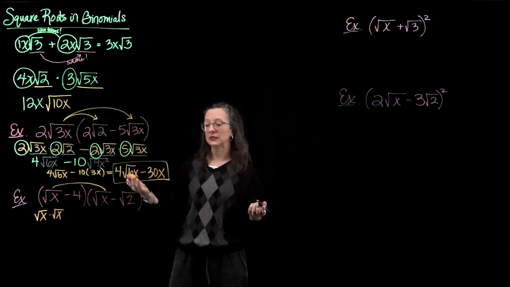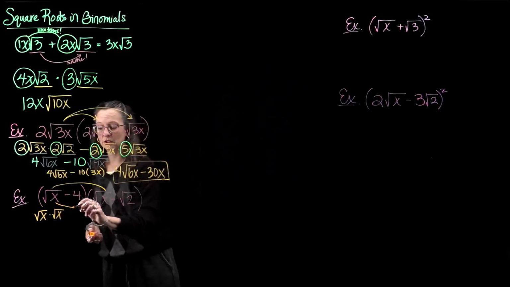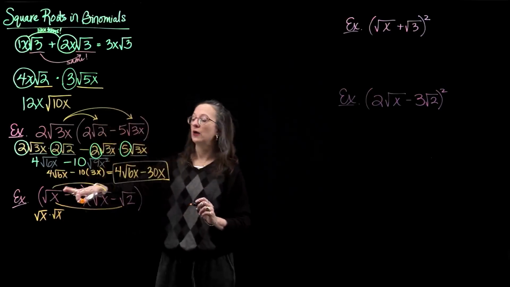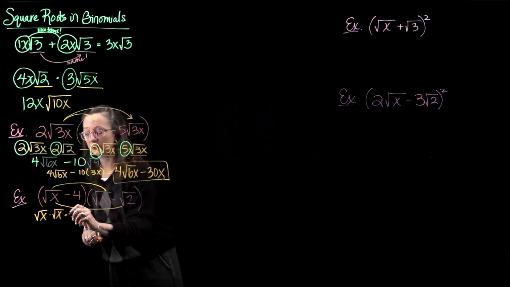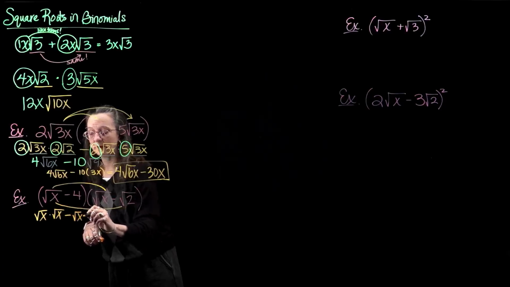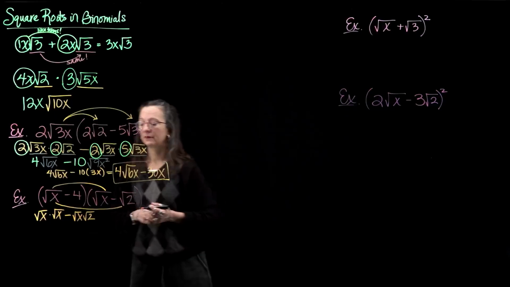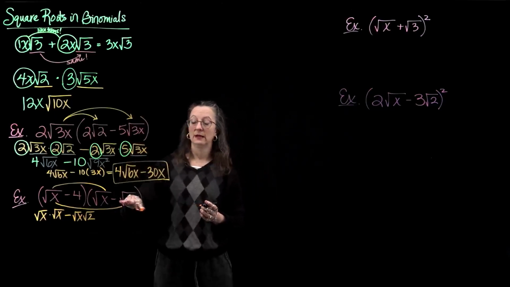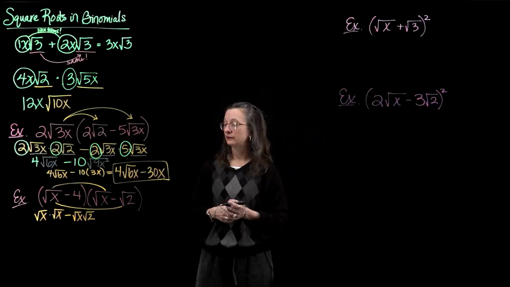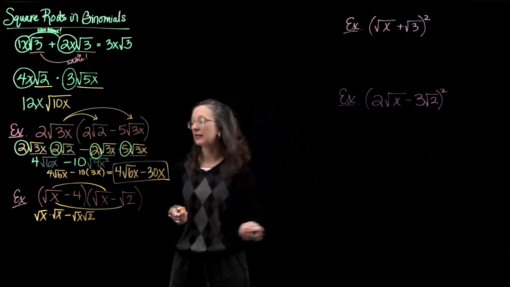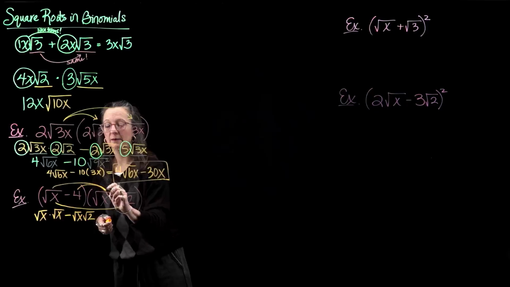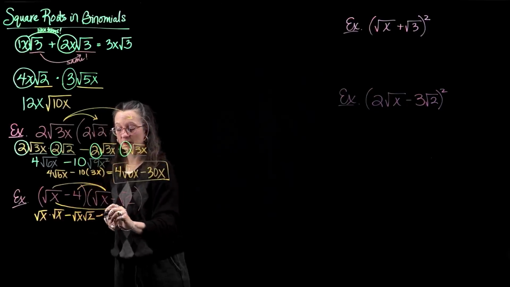All right, outside. So outside terms, I would have square root of x times square root of 2, and we will keep that minus from the negative square root of 2 here. Inside terms, that would be minus 4 times square root of x.